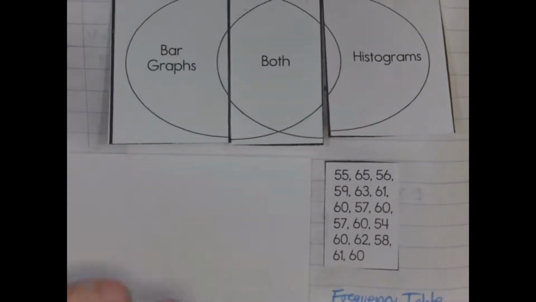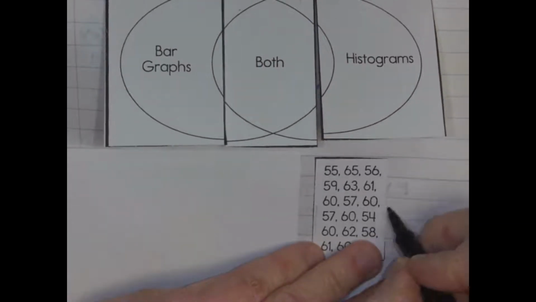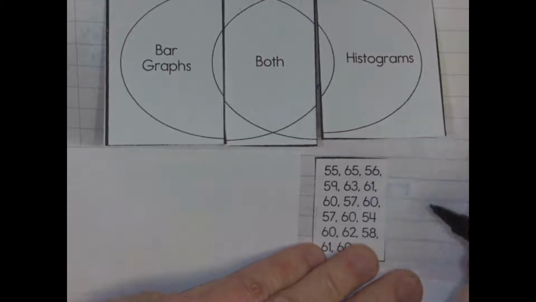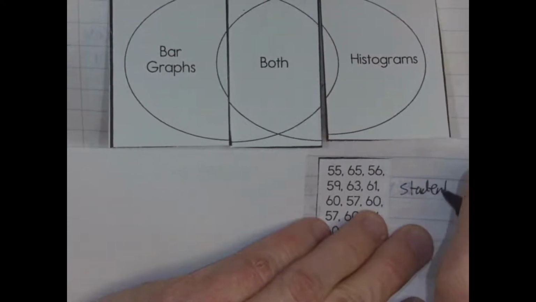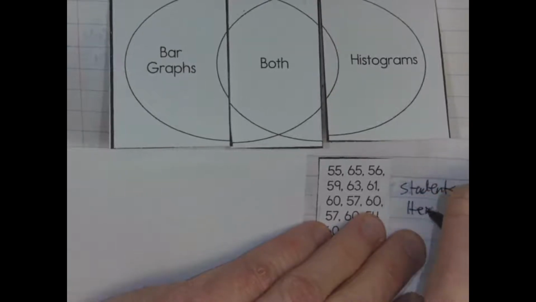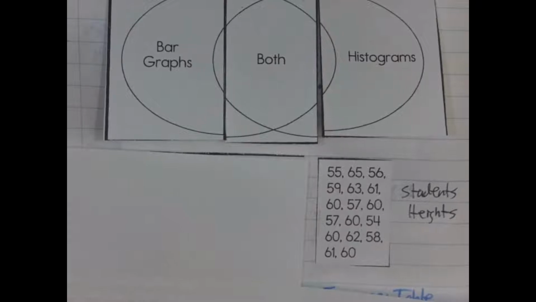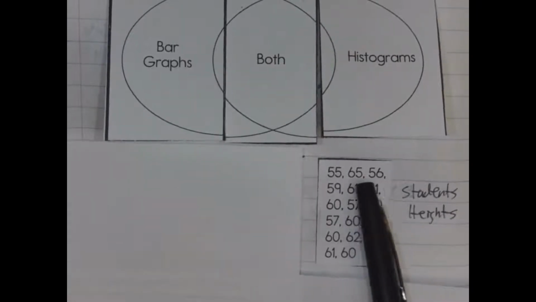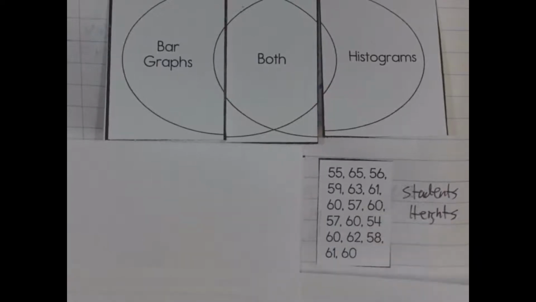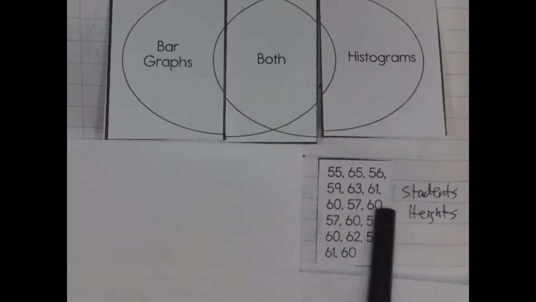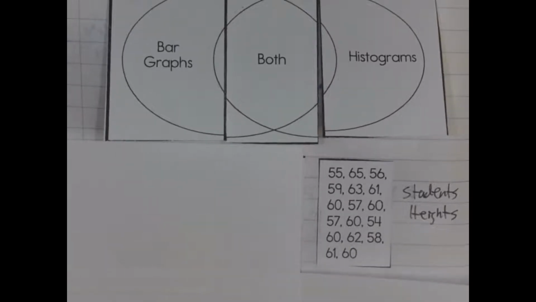So I'm going to put right here that these are students' heights. Students' height. So we had a student that came in at 55 inches tall, 65 inches tall, 56 inches tall, and all the way. So if you notice here, we have 3, 6, 9, 12, 15, 16, 17. We have 17 students right here.